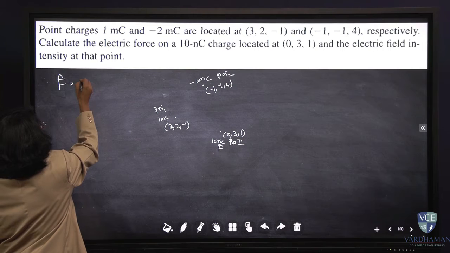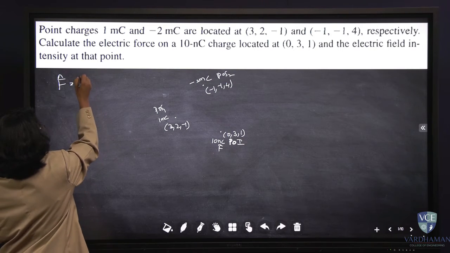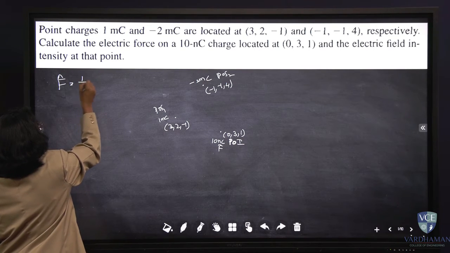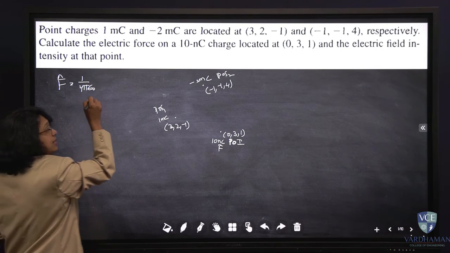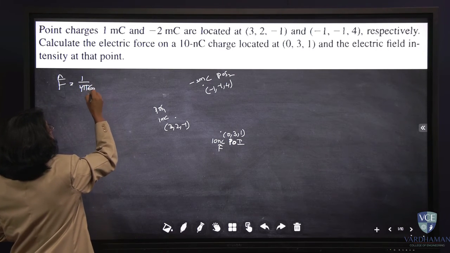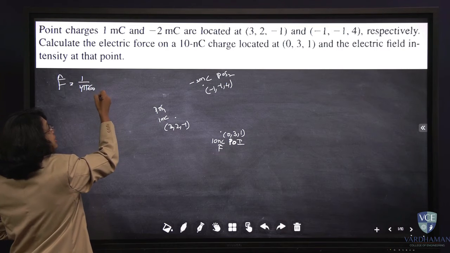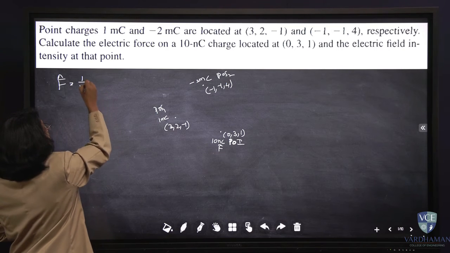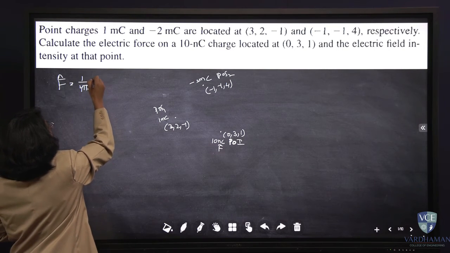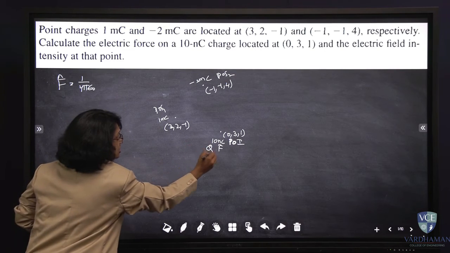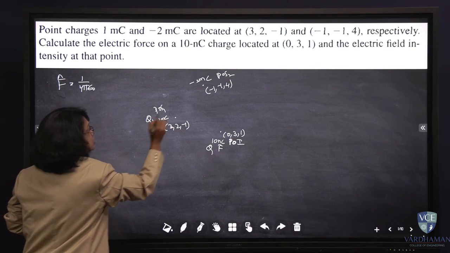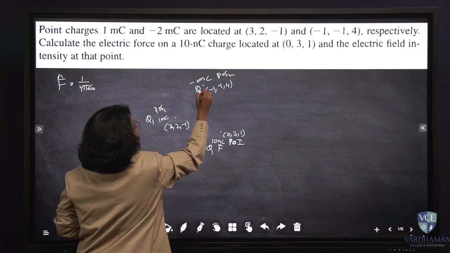F is equal to, using the superposition theorem, 1 by 4 pi epsilon naught, where epsilon naught is the dielectric permittivity of free space, which is measured in farad per meter. The point of interest charge is considered as Q. This is considered as Q1 and this is considered as Q2.